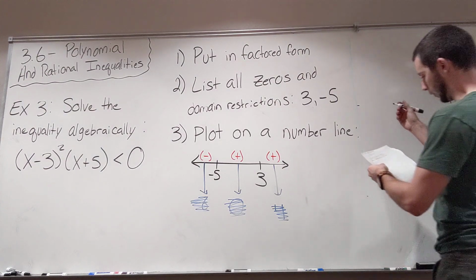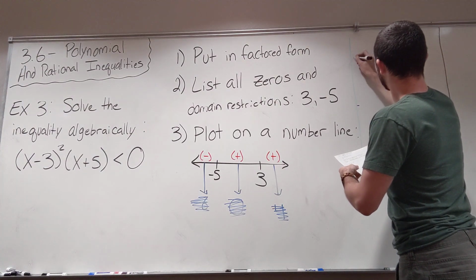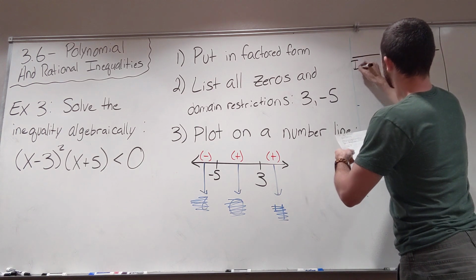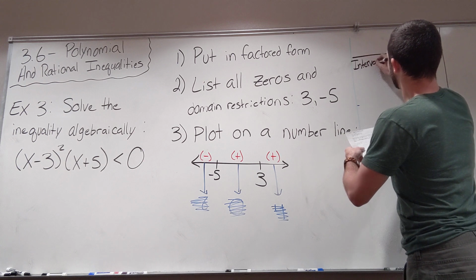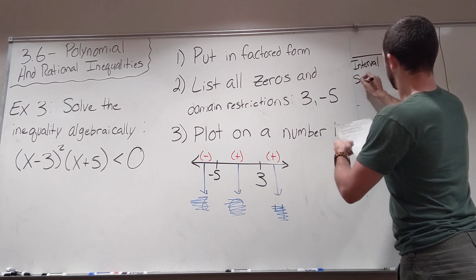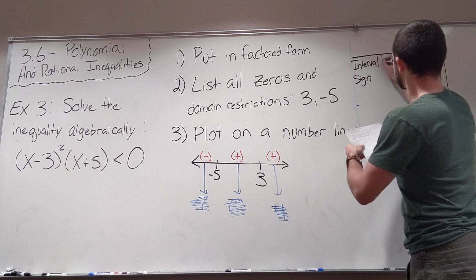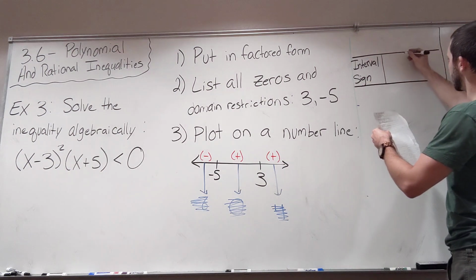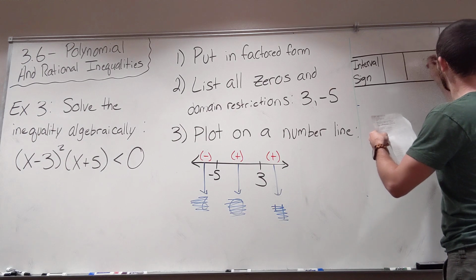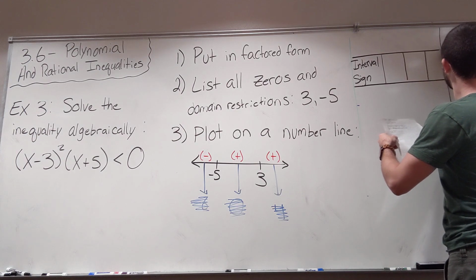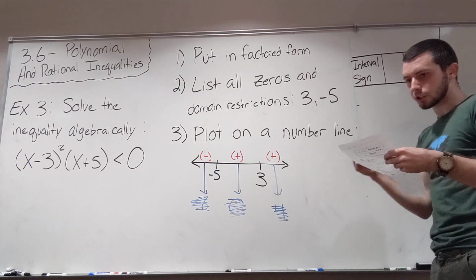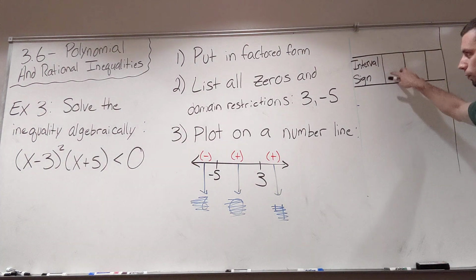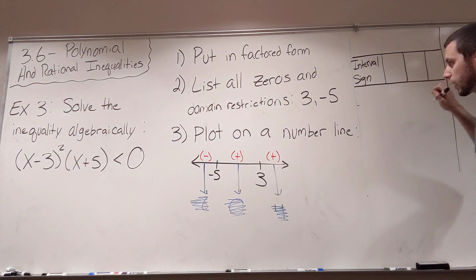So the table is in the format of interval, sign, and then they give 3 separate columns here, where each column is going to involve the interval itself and whether we get a positive or a negative.